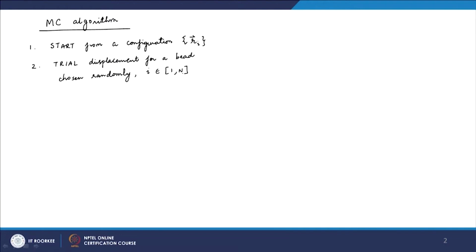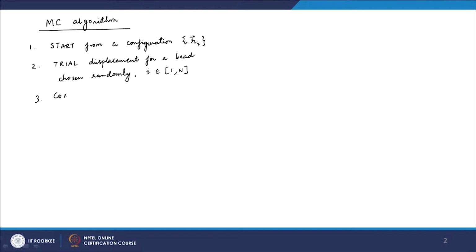The key here is that we should always choose with a uniform probability, that is, all the beads must be chosen with equal probability if we are doing a large number of Monte Carlo steps. It should not be that a particular bead is chosen with lesser probability compared to others. Of course, that will be true only when we do a large number of Monte Carlo steps.